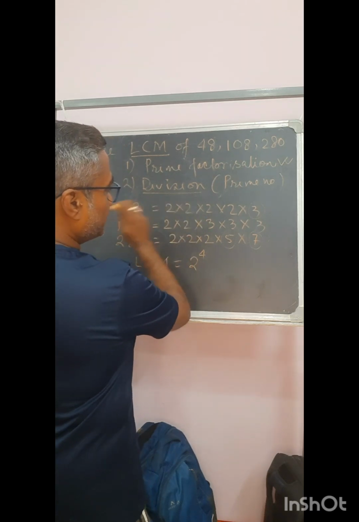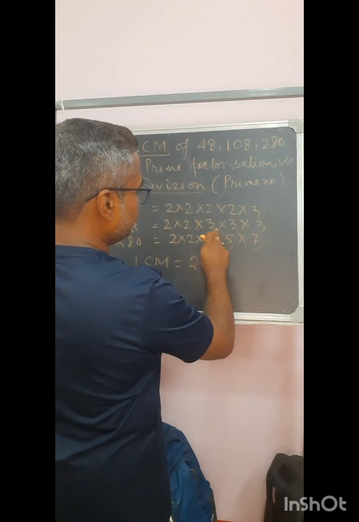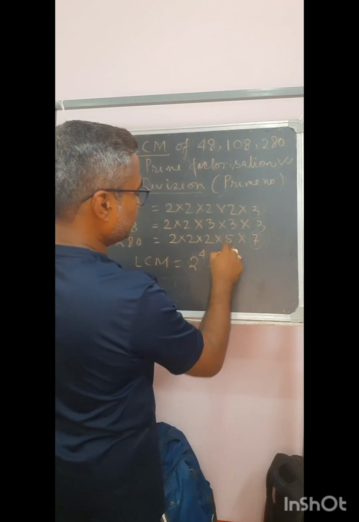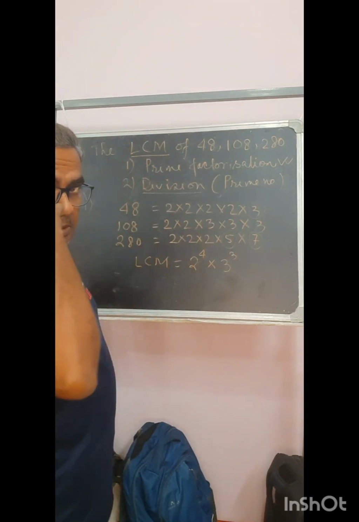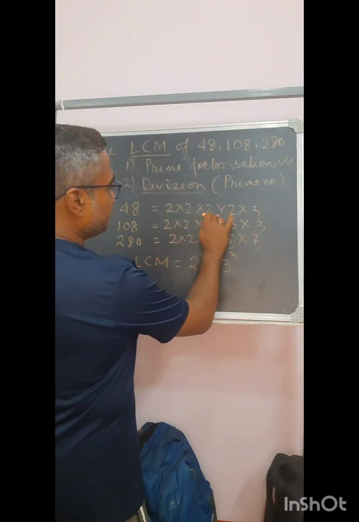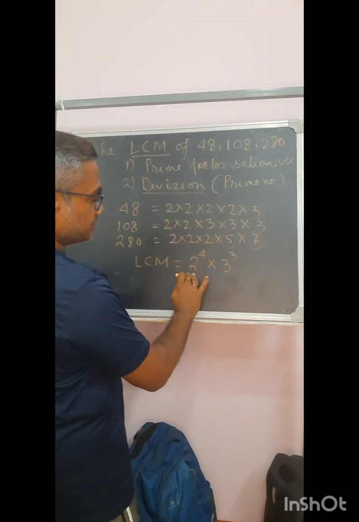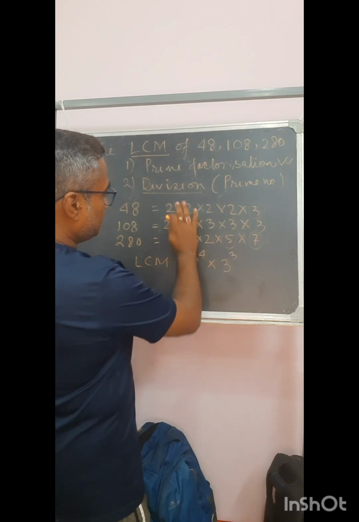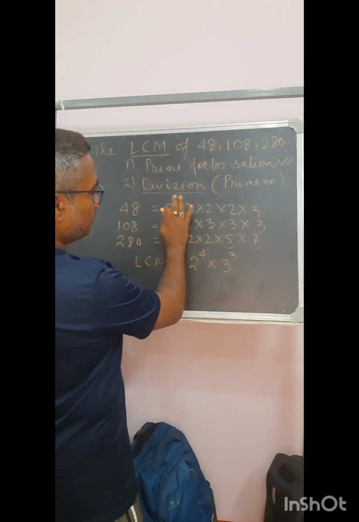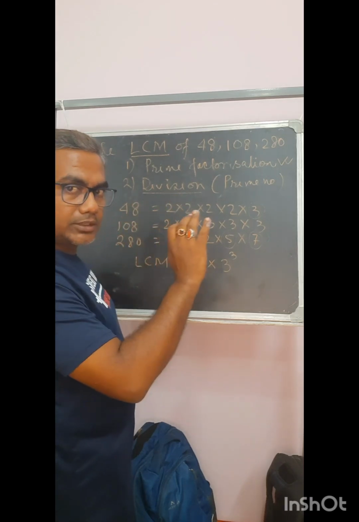So the 2 part is over. Now 3 maximum I am getting here, so I will take the maximum number of 3s wherever is available. Don't get confused. Once the 2 is selected, I will select the maximum power and write it here for LCM, and I will forget that 2.